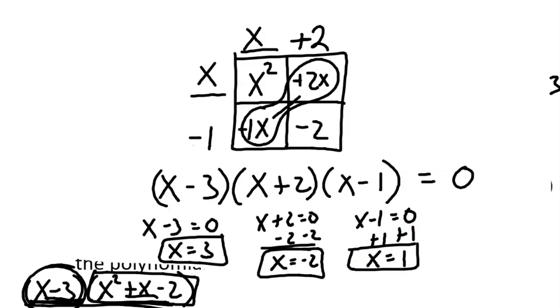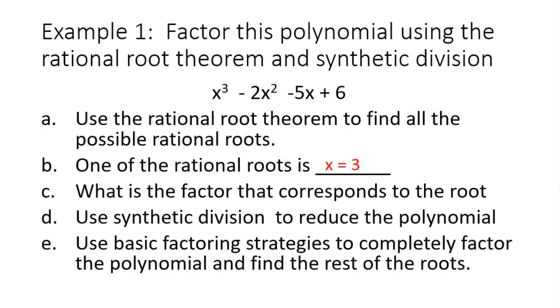All right. So there's a lot going on there, but let's kind of review once again what we did. Step 1, find your possible rational roots. Step 2, Mr. Bailey's going to tell you what one of your rational roots is. Then you're going to turn that rational root into a factor using the factor theorem. You just write x and then do the opposite of that number. And then you do synthetic division.